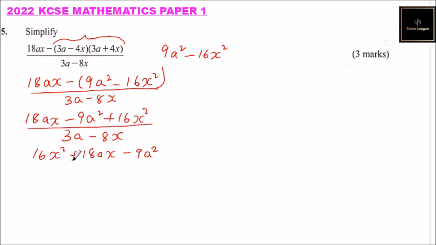We keep the divisor, 3a minus 8x, so that we don't forget it at the end of our simplification.